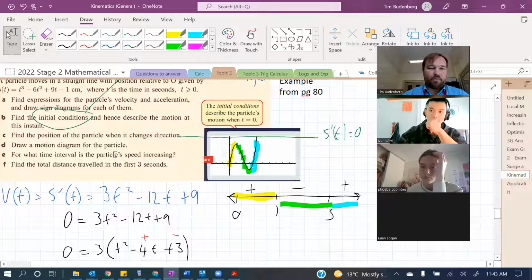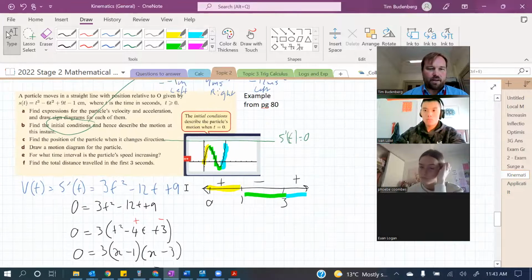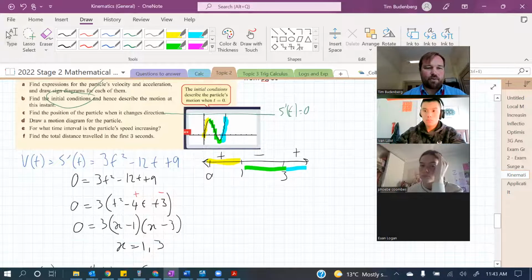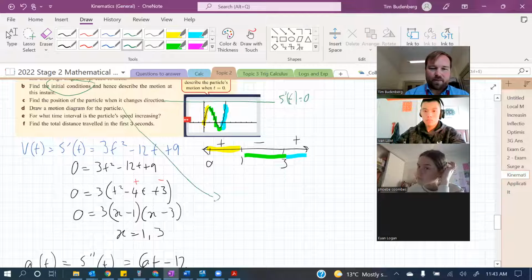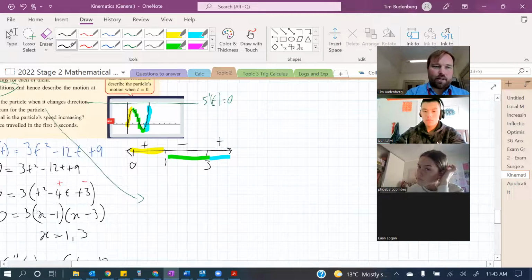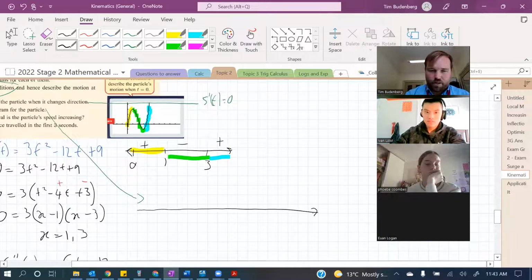Draw a motion diagram for the particle. To be honest, I've never seen this asked in an exam, but I'll show you what a motion diagram looks like. Here's the origin. The particle starts 1 meter to the left.